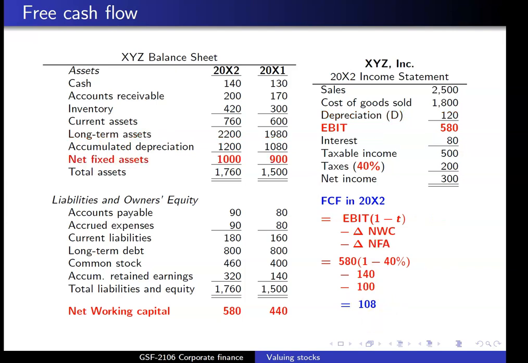This is free cash flow. We can compute free cash flow using net fixed assets and abstracting from depreciation because it's included in the calculation of net fixed assets. So EBIT times 1 minus the tax rate, minus additions to net working capital, which is 140, minus net investment or additions to net fixed assets, which is 100, and that gives us the same value for free cash flow.